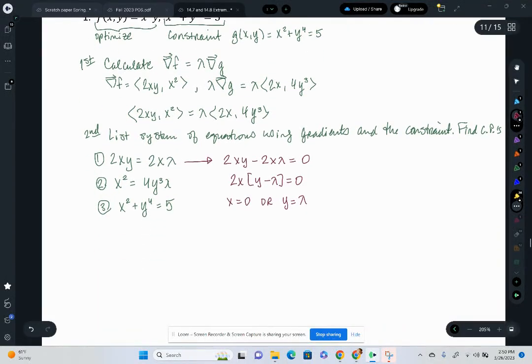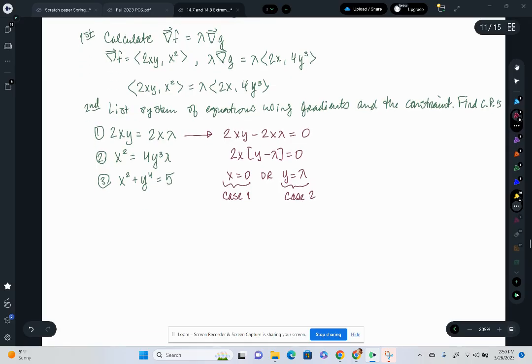And now what we have is two cases. So I'm going to call x equals 0 case 1, and y equals lambda will be case 2. And we're going to examine each one of these. So in case 1, we've got x is equal to 0.